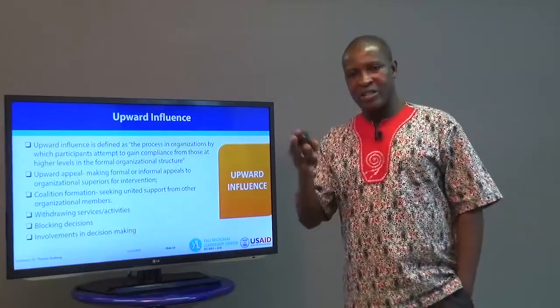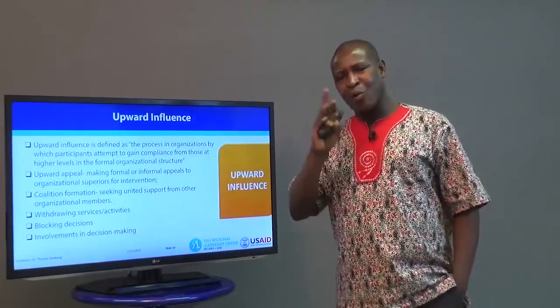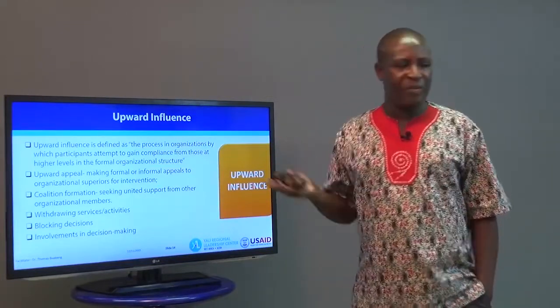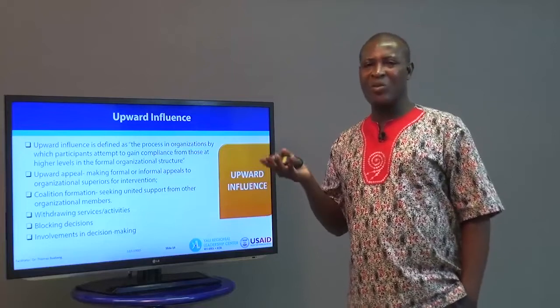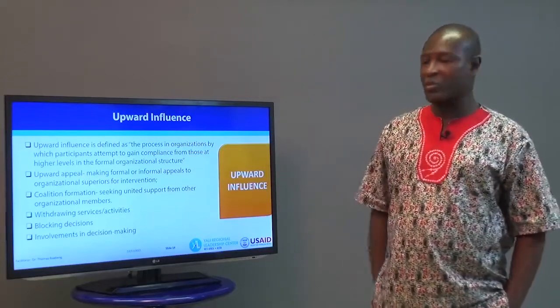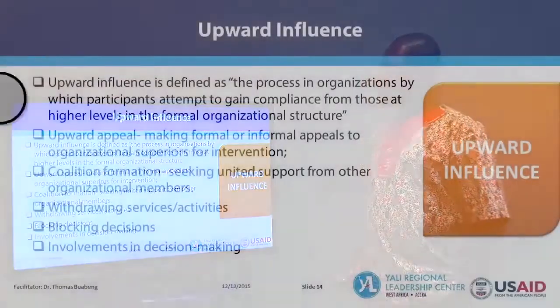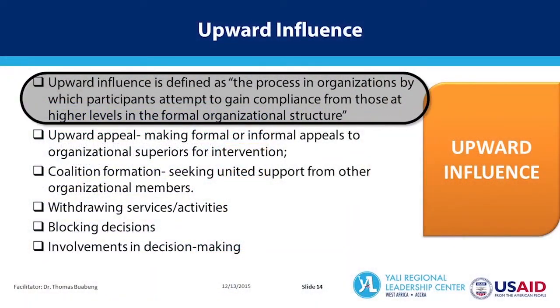Yes, unconventional. It tends to be seen in a more negative light because you don't have much authority and you want to influence the one who has so much authority to do things your way. And so we're talking about the process in an organization by which participants attempt to gain compliance from those at higher levels in the formal organization structure.